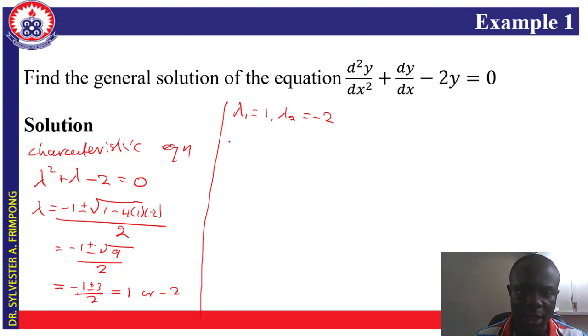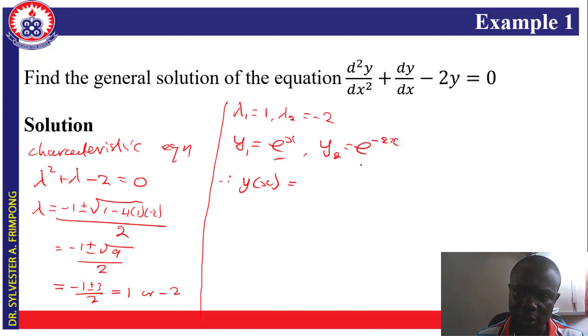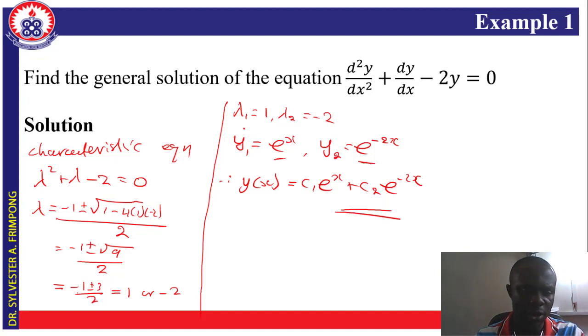And for that matter, the individual solutions are y1 equal to e raised to the power x and y2 equal to e raised to the power negative 2x. Hence, the general solution y of x is a linear combination of these two. That will be c1 e raised to the power x plus c2 e raised to the power negative 2x. So this is the general solution for this equation.